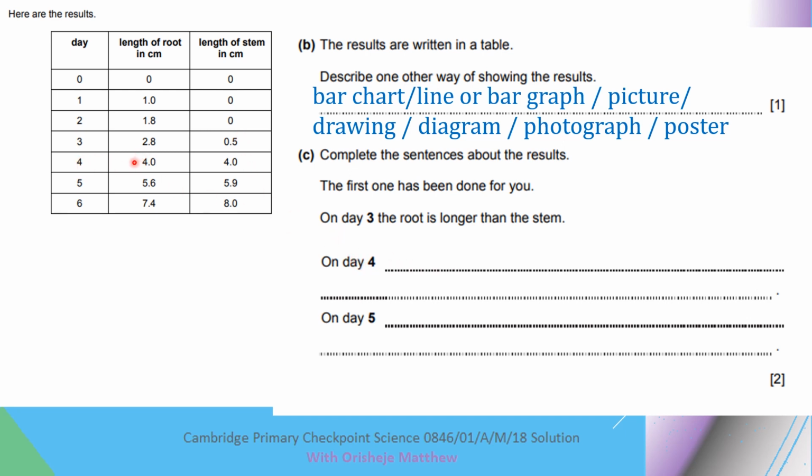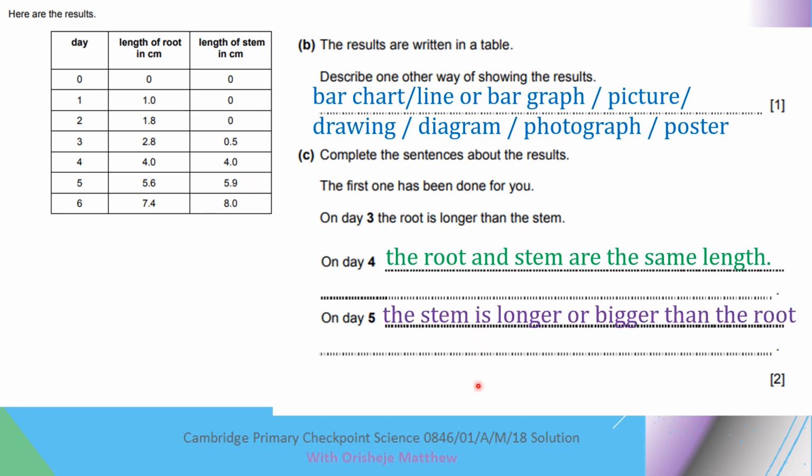Day 4, the length of the root and stem are equal. The root and the stem are the same length. Then day 5, what is going to happen? Day 5, the root is 5.6 and the stem is 5.9. So the stem is longer than the root.